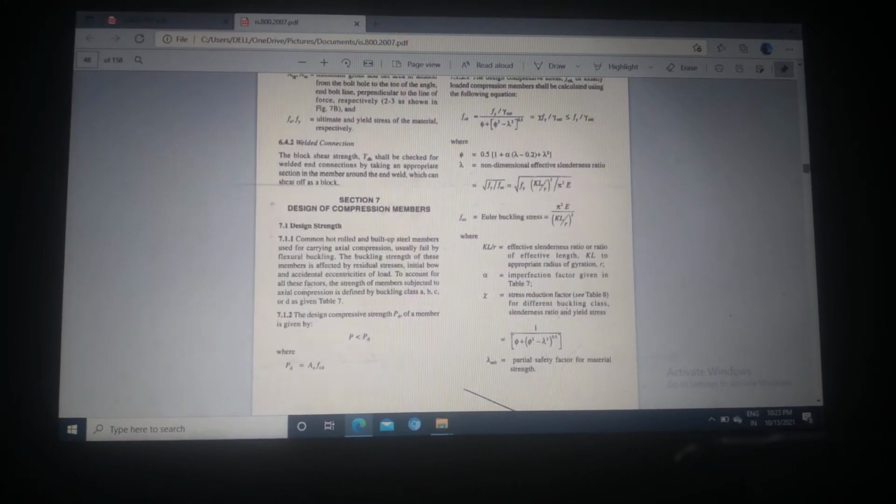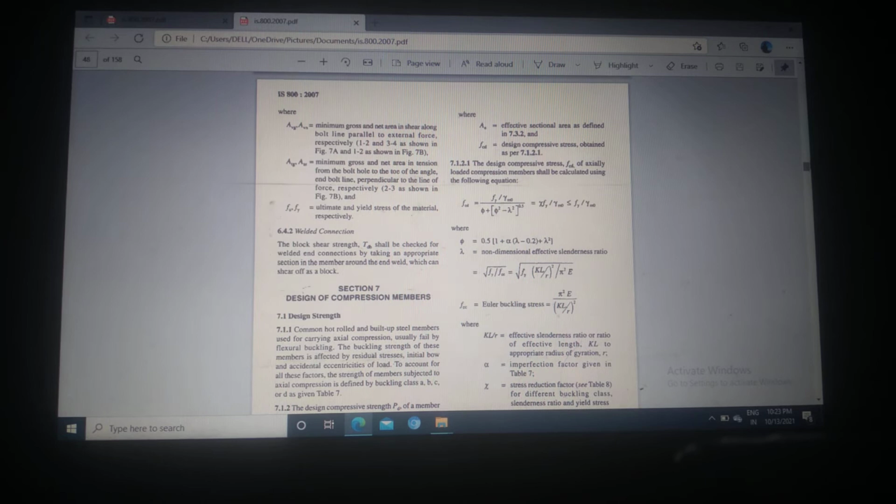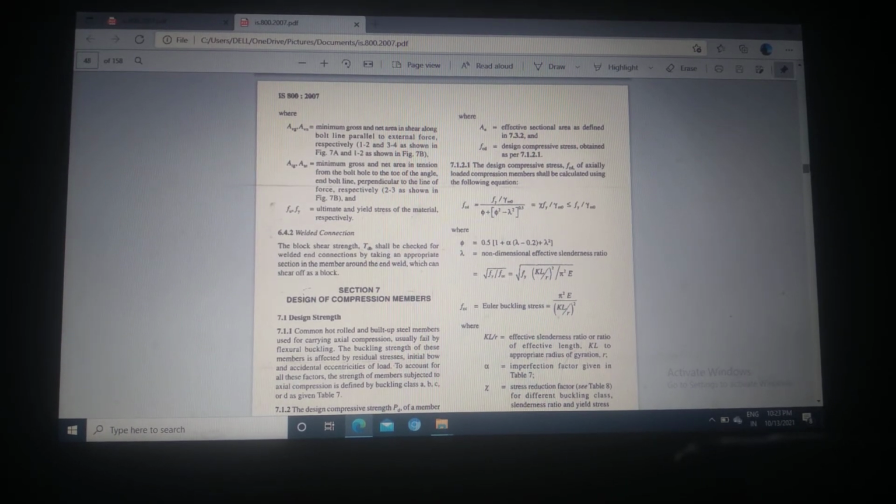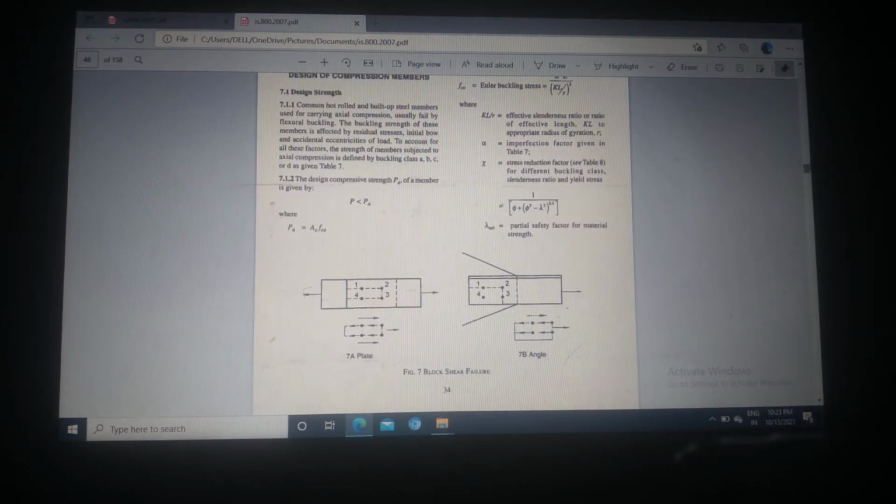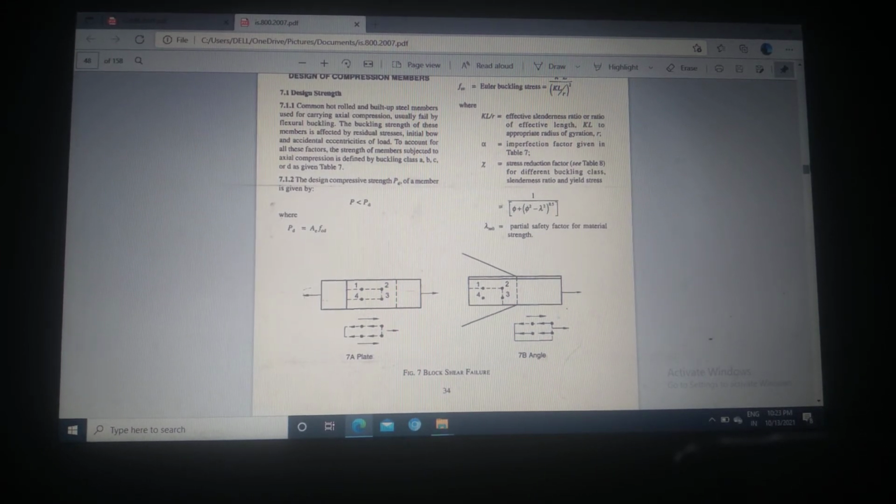Now, Avg means we are finding the gross area, and Avn means we are finding the net area. In net area we just subtract the area occupied by the bolts. Just focus on that dash line.